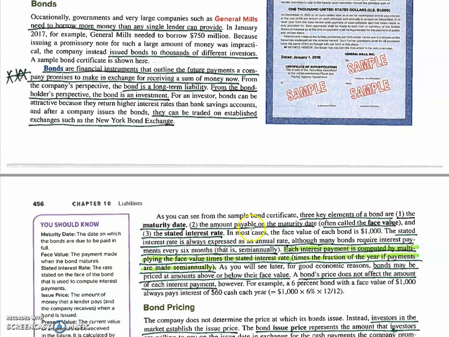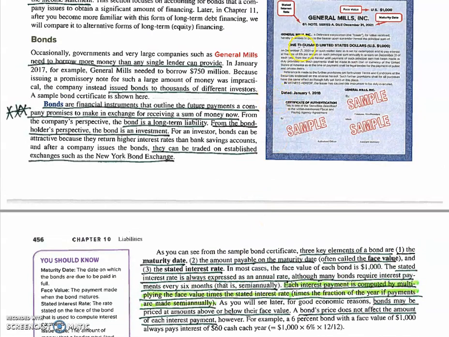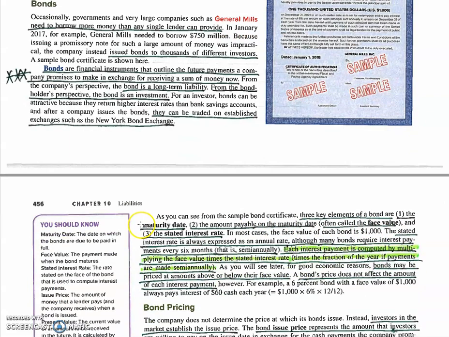The stated rate was the 6% that's stated on the bond. And those are important for calculating the cash flows that the buyer will get. They'll get the face amount at the maturity of the bond, and their interest will be calculated by taking the stated interest rate times the face amount, times the portion of year that interest payment covers.